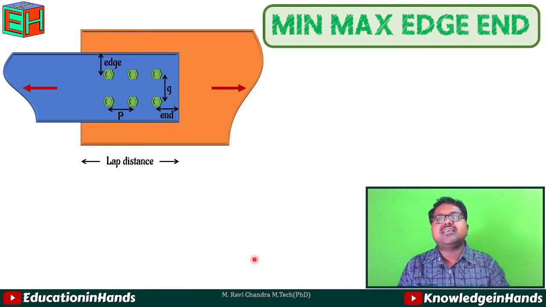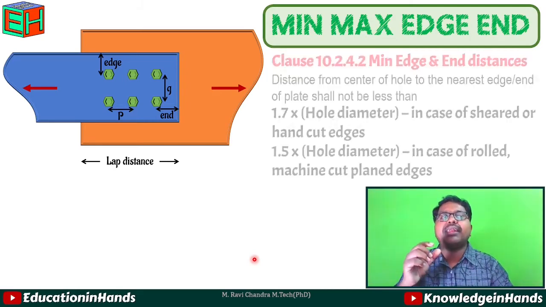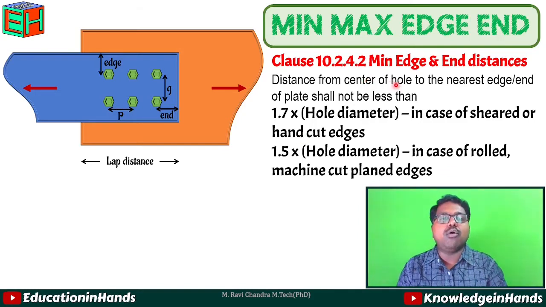Then next, the maximum and minimum edge and end distances. First, the minimum end distance, according to clause 10.2.4.2, is the distance from the center of the hole to the nearest edge or end.